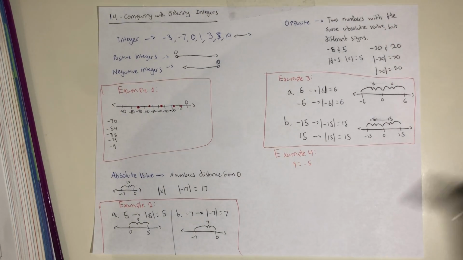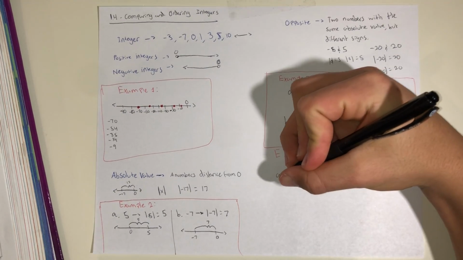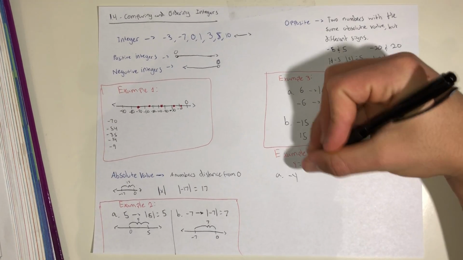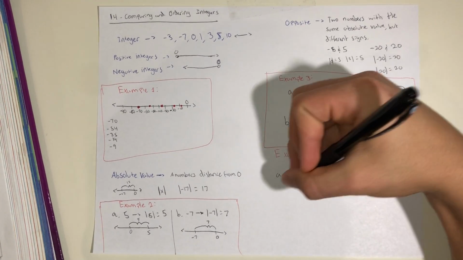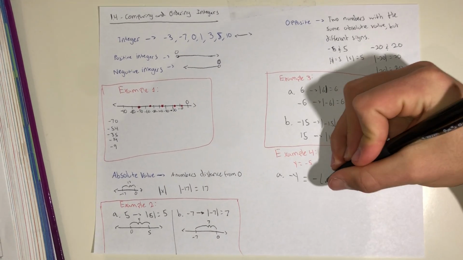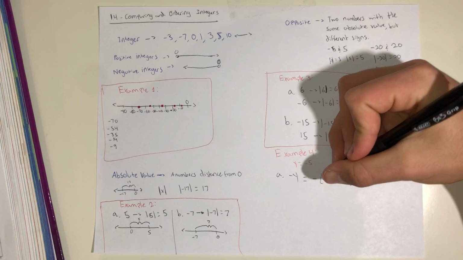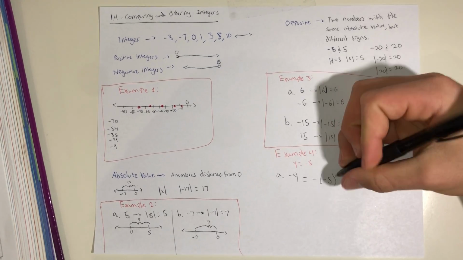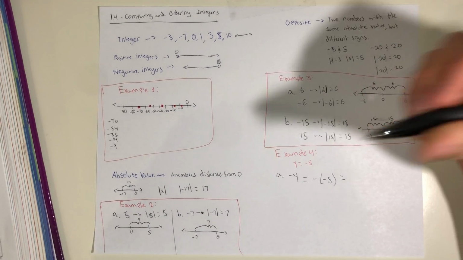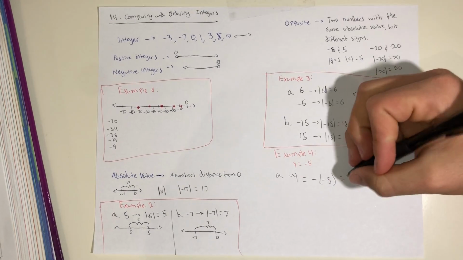So if A is -y and we plug in -5 for y, this would bring us negative, and then what's y? y equals -5. And the negative of a negative is a positive. So what's negative -5? That's 5.